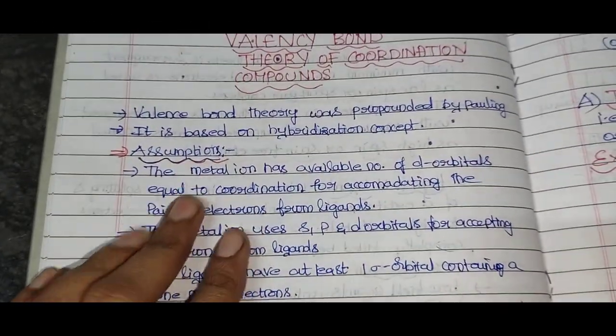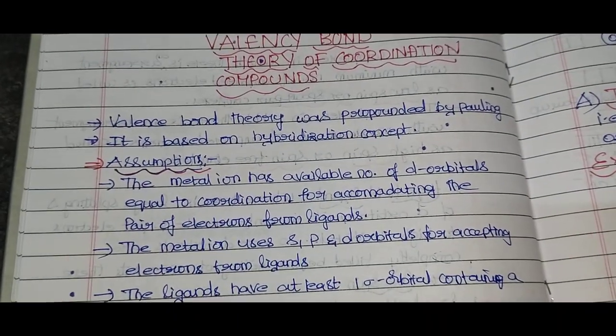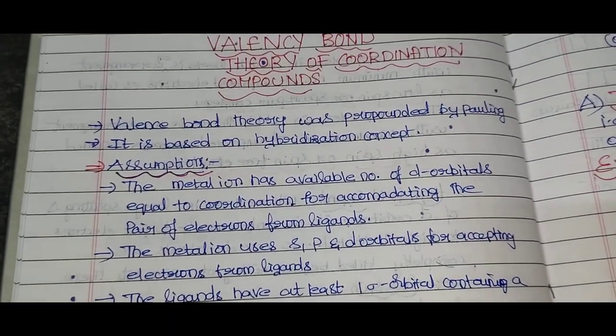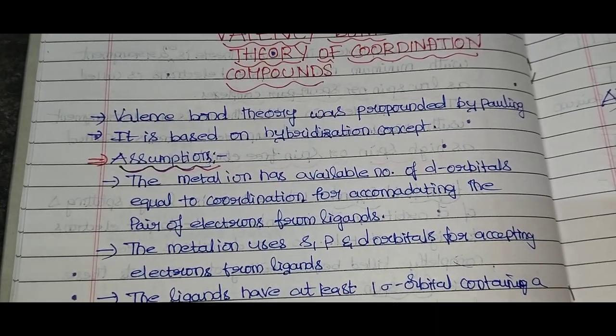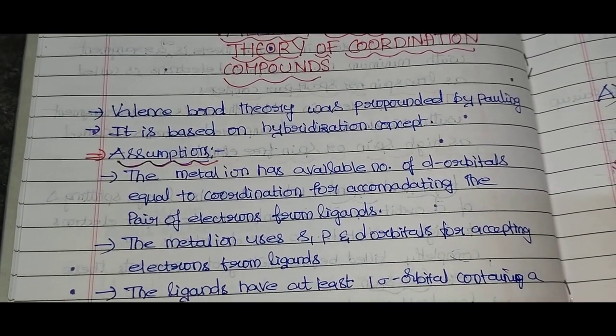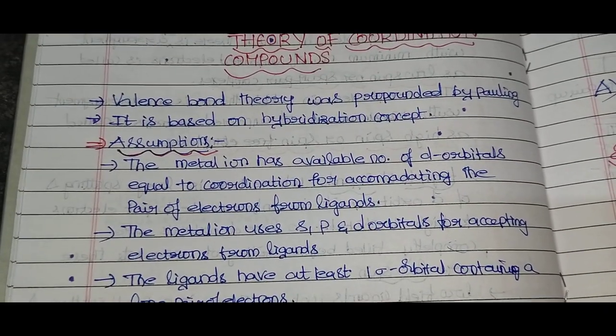So what are its assumptions? First assumption is the metal ion. We know what coordination compounds are: the central metal ion will be attacked by the ligands to form a coordination compound.